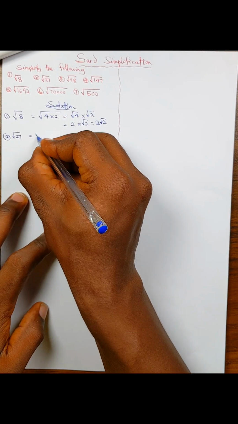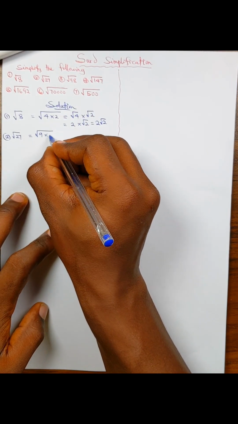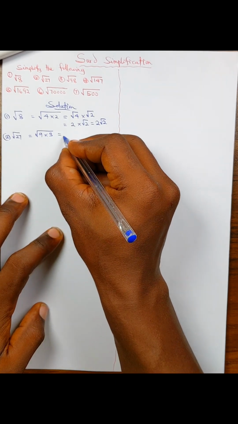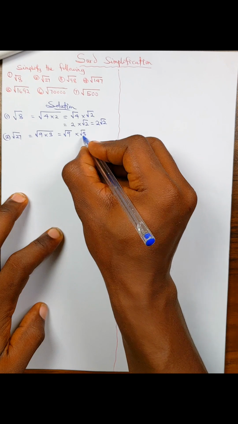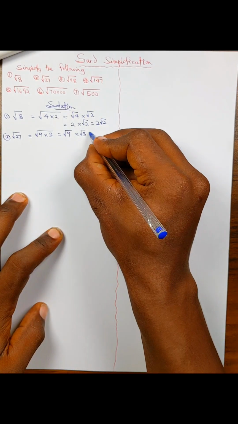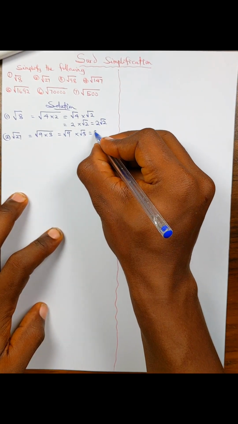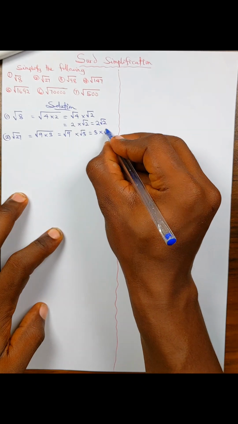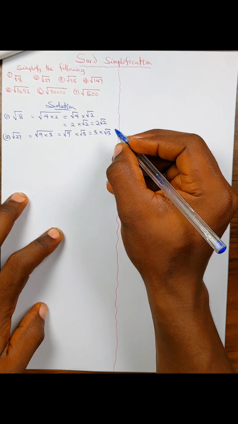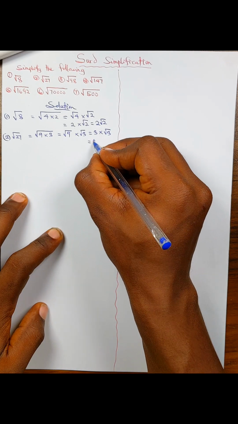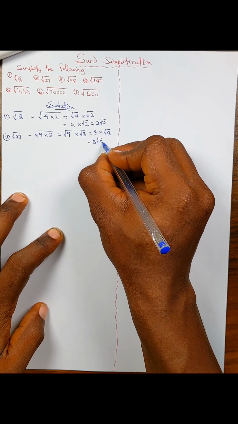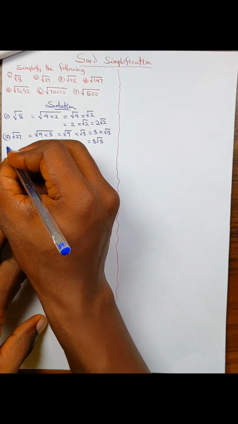So the square root of 9 times 3 gives you the square root of 9 times the square root of 3, which will further give you 3 times the square root of 3. And the square root of 3 is a surd in the lowest form as well, so it becomes 3 root 3.